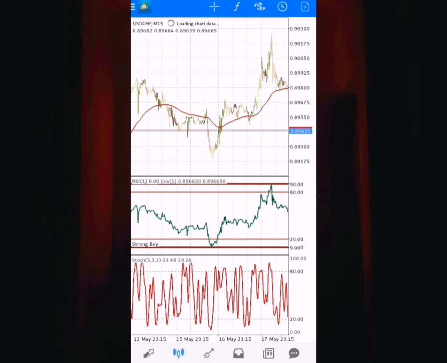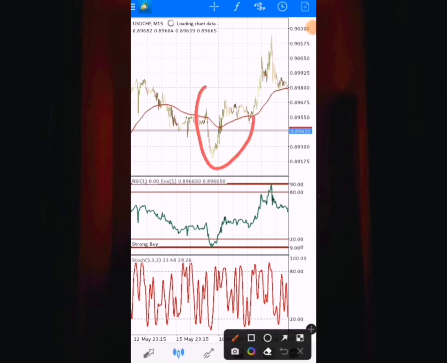The second thing that you need to observe is what is happening on the main chart. On the main chart, you have to see price being above the 100 period moving average, so that you know that price is now on an uptrend.